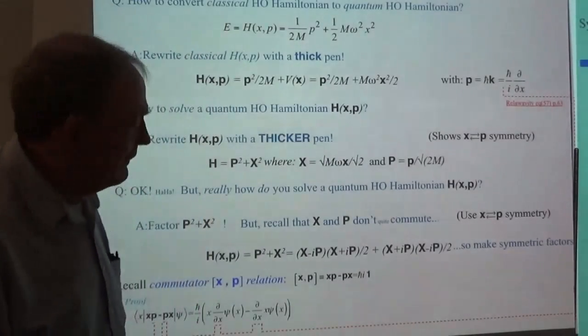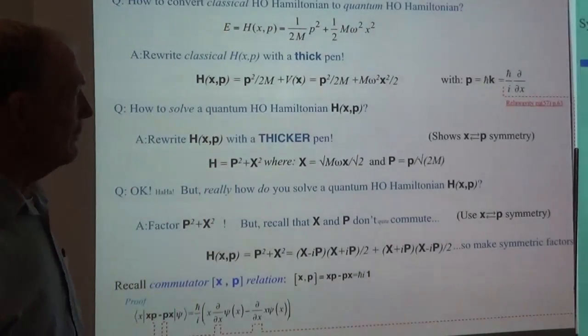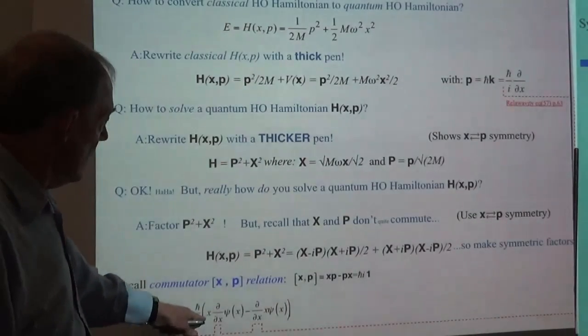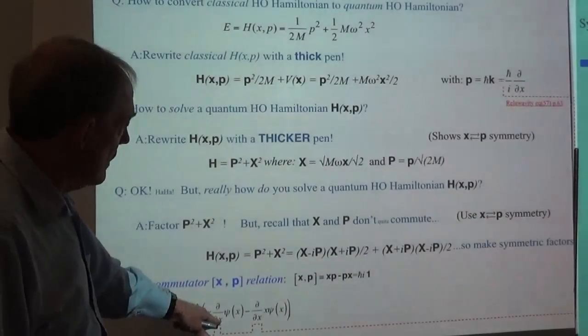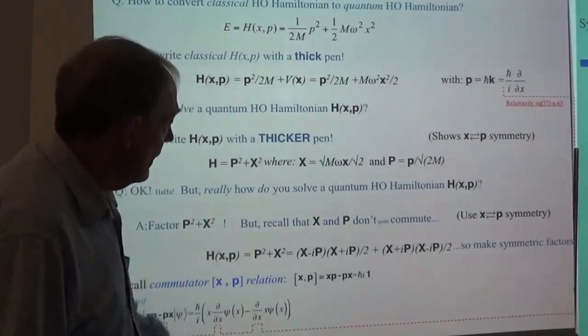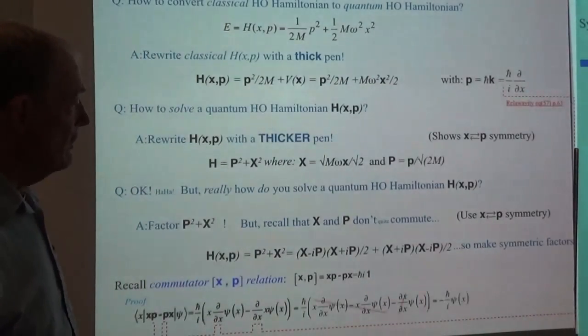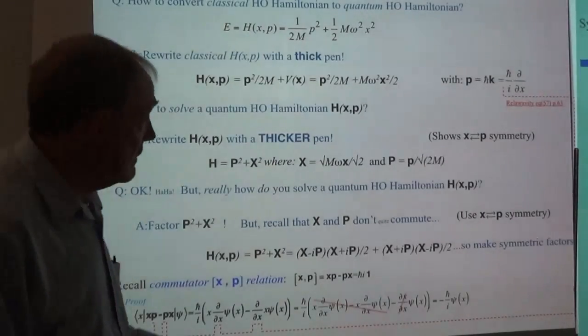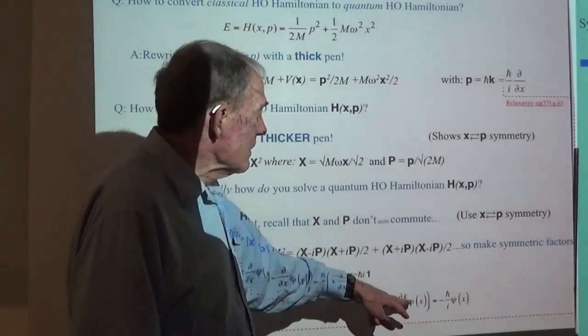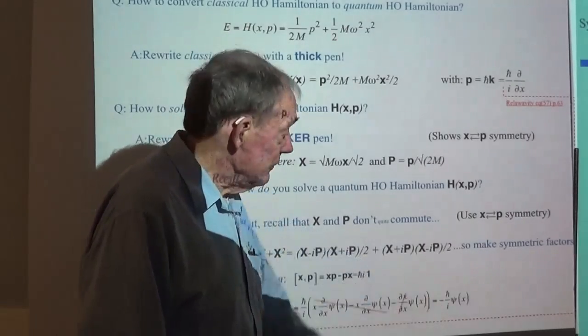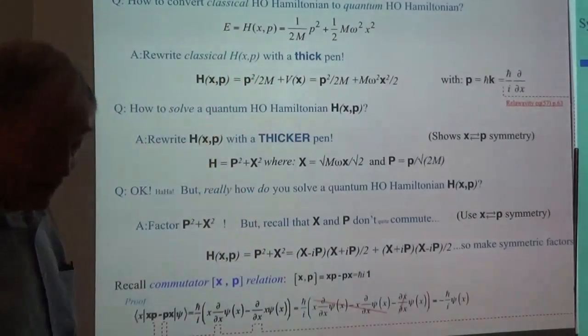In any case, if you just go ahead and do x partial x and then partial x x, and subtract the two of them from each other, you get something that is essentially zero. This thing right here is what you get: minus i h bar.